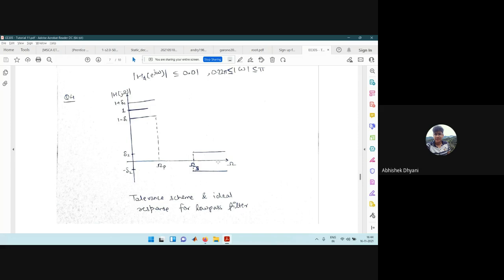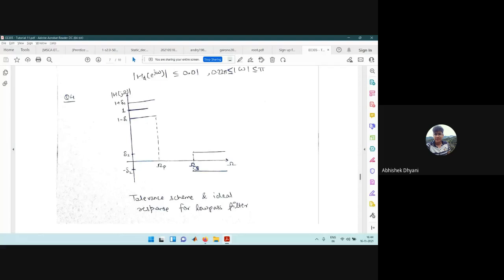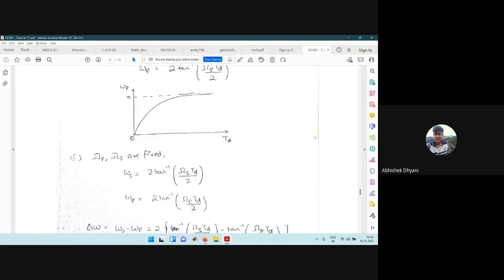So basically if we increase the value of TD while keeping all the other parameters constant, there will be a sharp change from this band to this band, which means that we will quickly be converging. And that would mean that omega P and omega S are very close to each other. And that is why this width will be very small. So that is the significance of this part, right? This one.